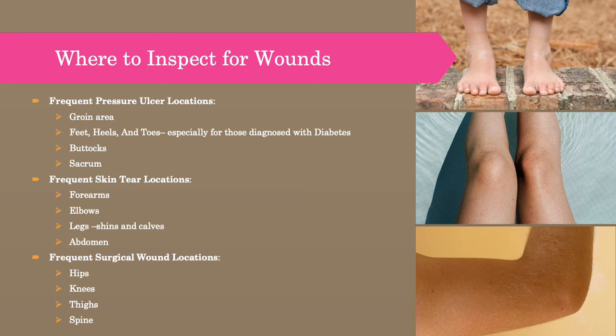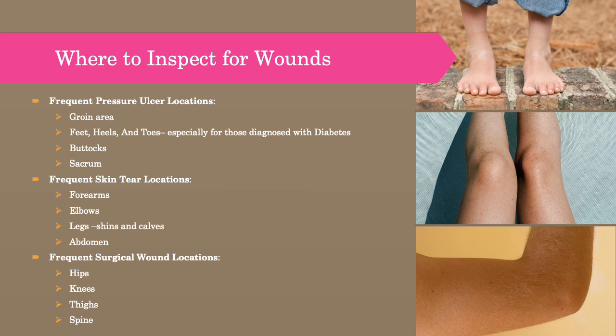It is important to always check your skin for tears, bruises, and wounds that appear on the feet, elbows, the buttocks, the groin areas, hips, and other areas where it is hard to see and there is moisture.